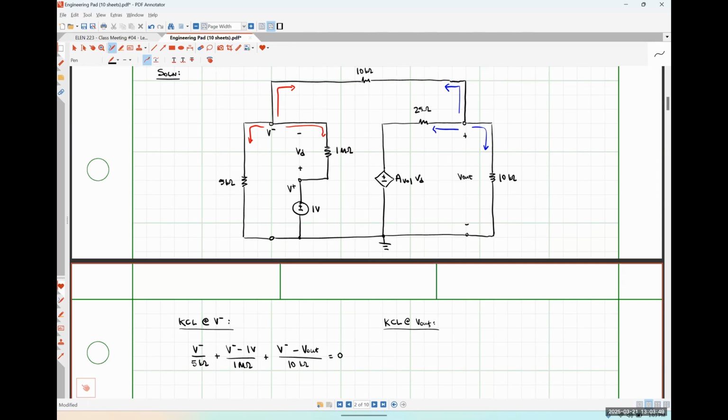So starting with my current flowing to the left, I'm going to have V out minus AVOL times VD, where in this case, VD is just 1 volt minus V minus, and that will be divided by my 25 ohm resistor. Then I'll do the current flowing down through our load resistor. So that's just going to be V out over 10 kilo ohms.